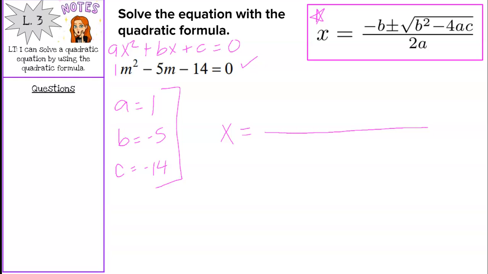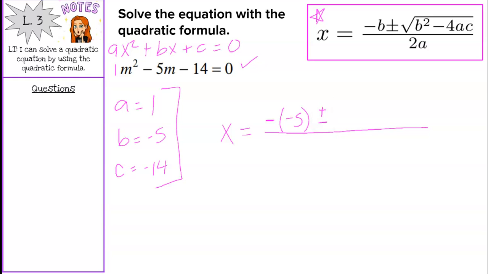Now when we plug our values into the quadratic formula, we want to put every value we replace for a letter in parentheses. So we have negative, and then when I see b, I'm going to put parentheses, and then inside I'm going to put the value for b, which is negative 5.